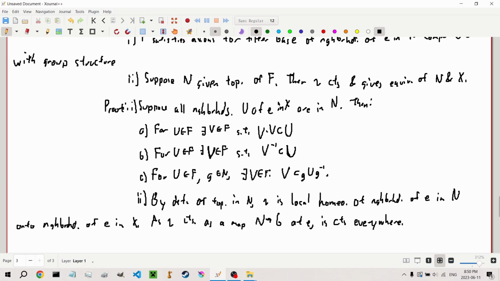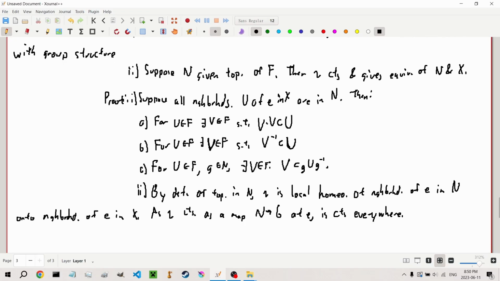And from this theorem, we see every subgroup chunk is equivalent to a topological group.